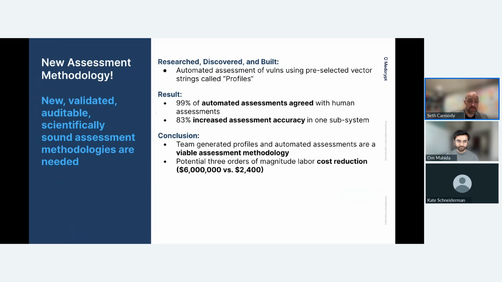Basically what it came down to is this methodology was a three orders of magnitude cost savings from a labor perspective alone. Back of the envelope calculation, $100 per CVE. It takes humans getting in a room to make these assessments, which has a cost. But if you can extend their knowledge of the system and the interpretation of the vulnerability, that's effectively what this pre-selected vector or profile scoring did.